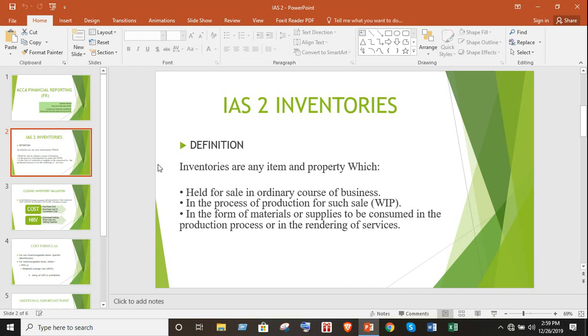But in this IAS, we are not focusing on the movement of inventory or trading inventory, because during inventory trading, the transaction is recorded in the sales and purchase accounts.